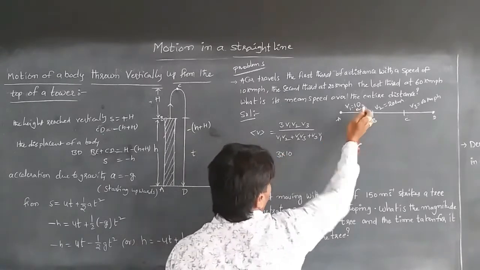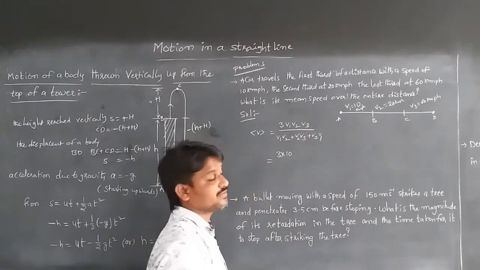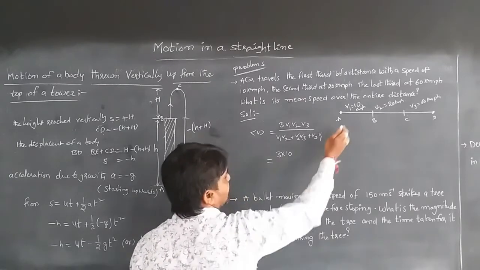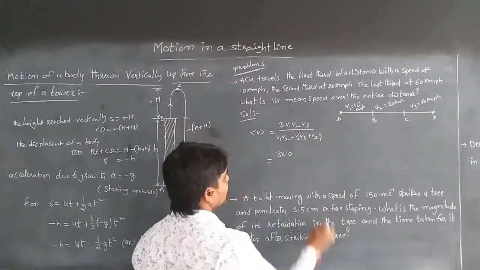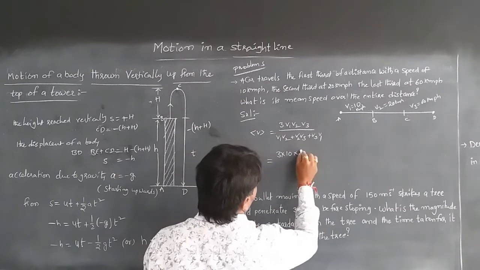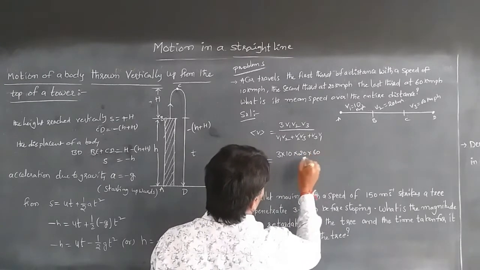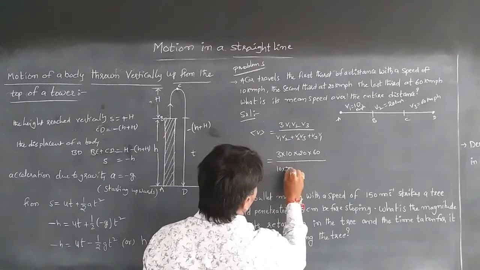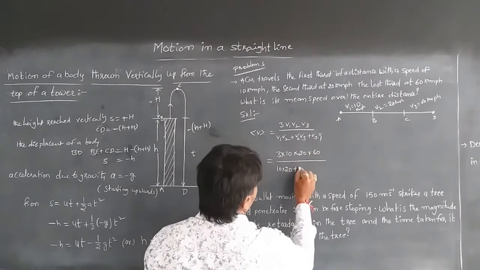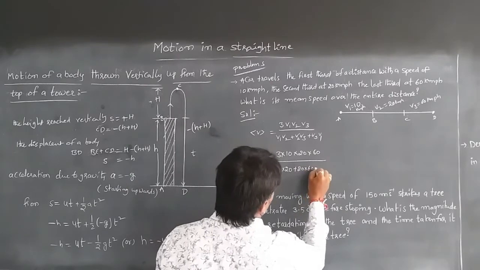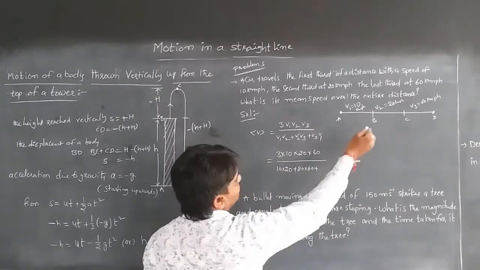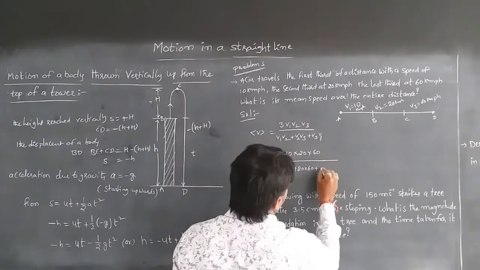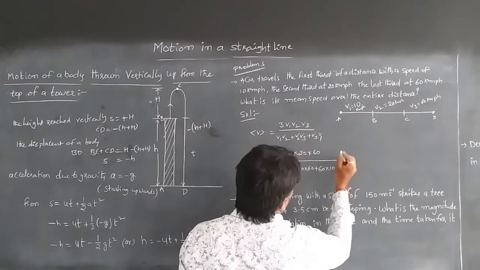We are not changing this now; at the result we can change into meter per second. Now we are taking it in kilometer per hour. So 3 into 10 into 20 into 60 by 10 into 20 plus 20 into 60 plus v3 v1, 60 into 10.